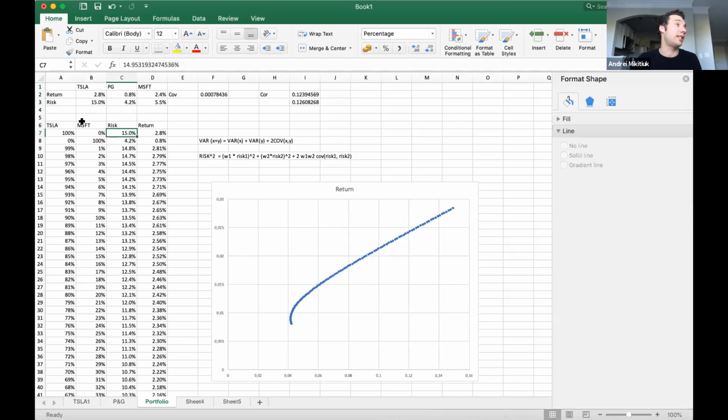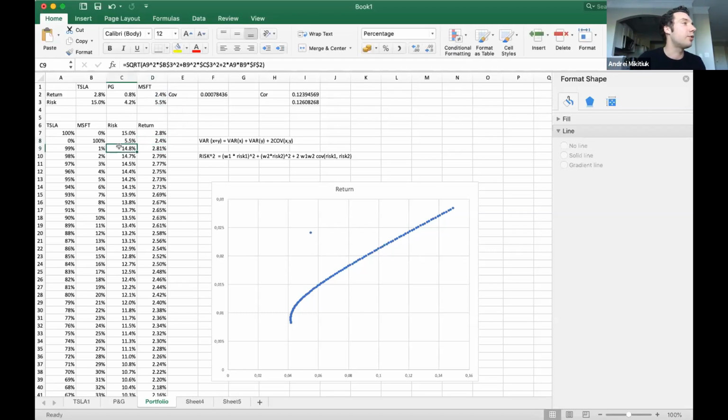So now let's try Tesla and Microsoft. 100% Microsoft would give us 5% risk, 2.4% return.